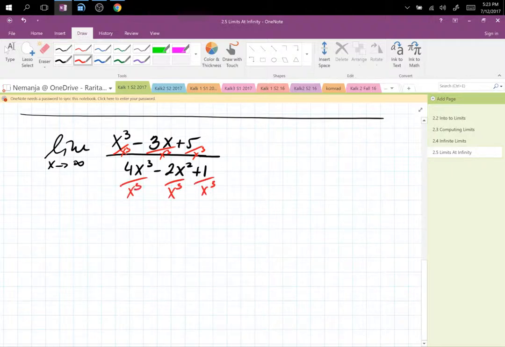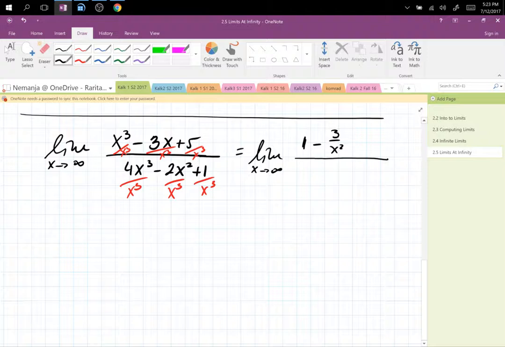And then we are going to use algebra to simplify this. It will look worse, but it will actually help. So x cubed divided by x cubed is 1 minus 3 over x squared, and then plus 5 over x cubed. In the denominator, you just have a 4 minus 2 over x, and then finally plus 1 over x cubed.